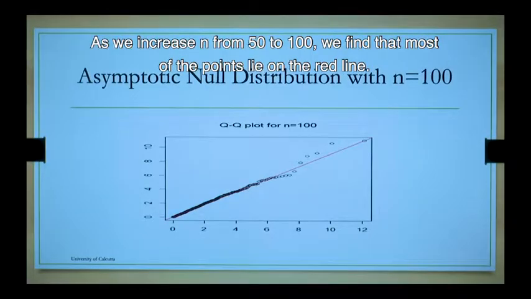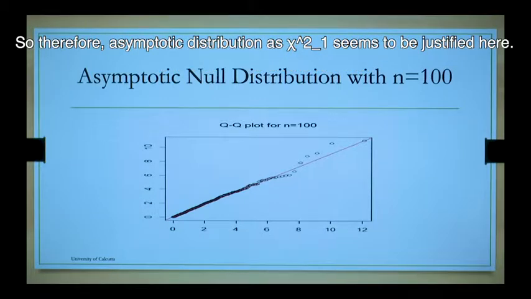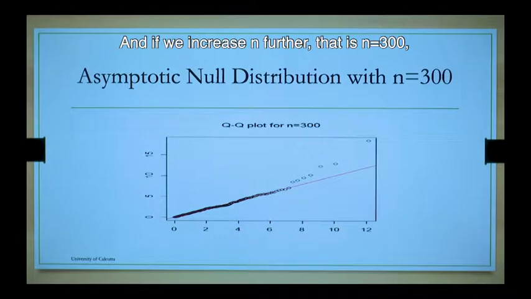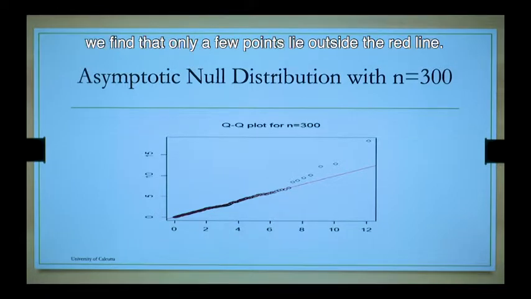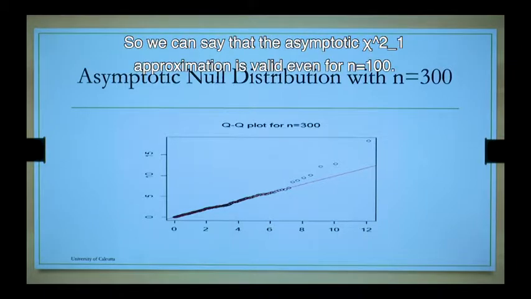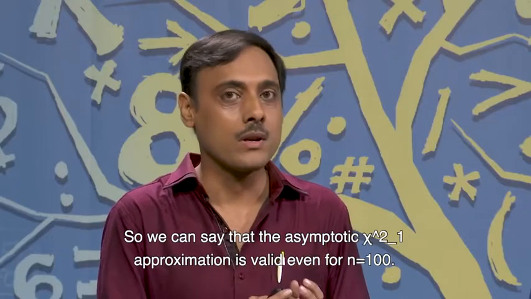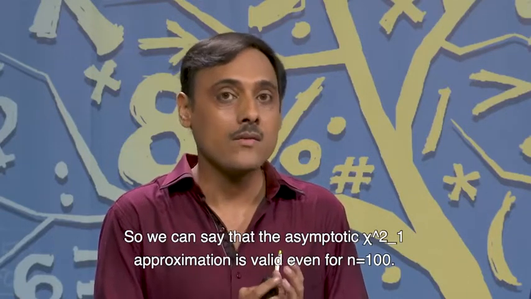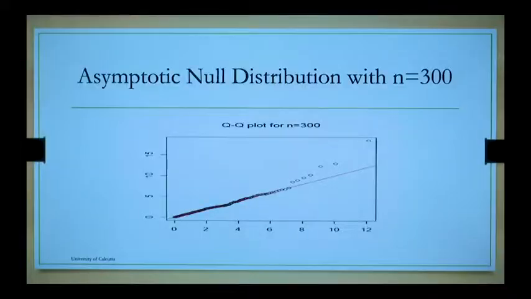Now, as we increase n from 50 to 100, we find that most of the points lie on the red line. So, the asymptotic distribution chi-square 1 is seen to be justified here, and if we increase n further, say n equal to 300, we find that only a few points lie outside the red line. So, we can say that the asymptotic chi-square 1 approximation is valid even for n equal to 100.